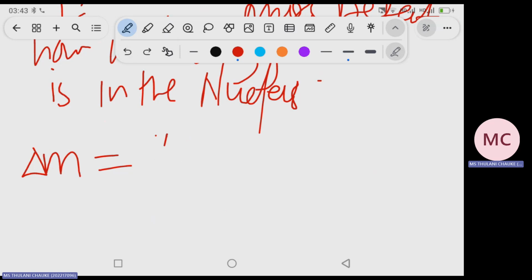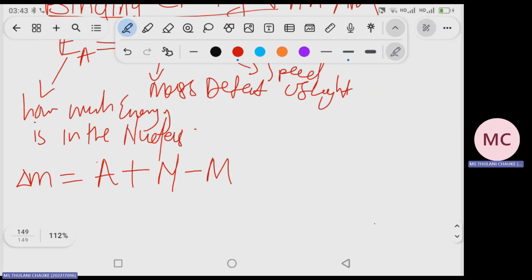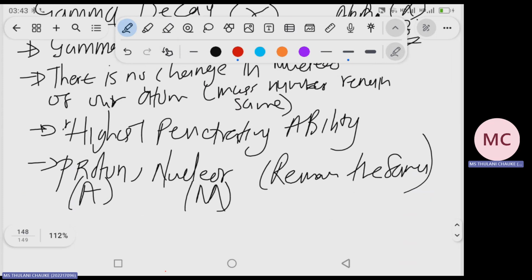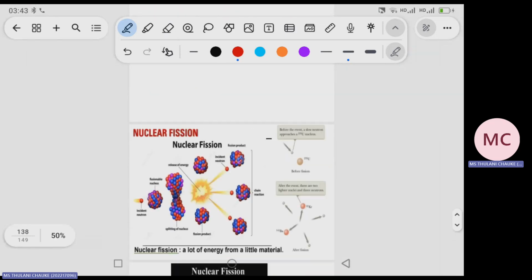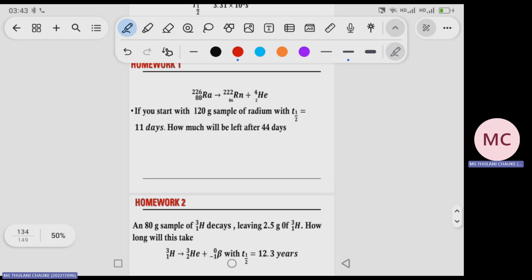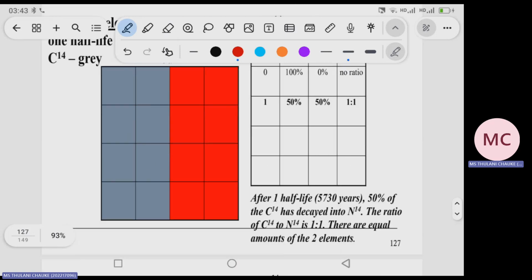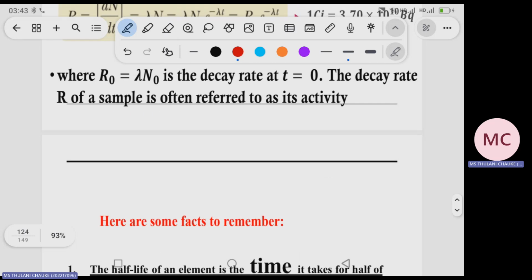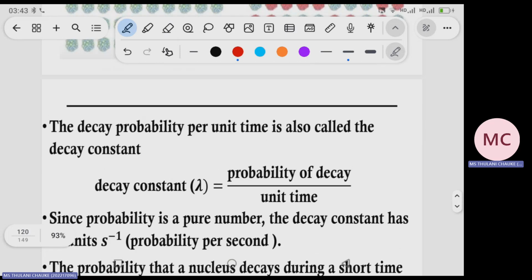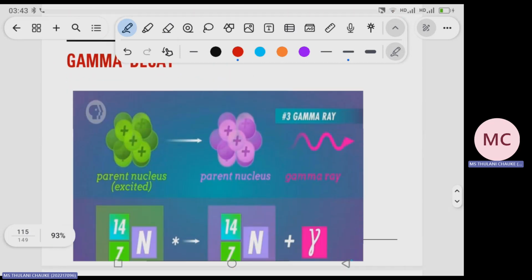The number of protons plus the number of neutrons minus the mass number. Let me just confirm.